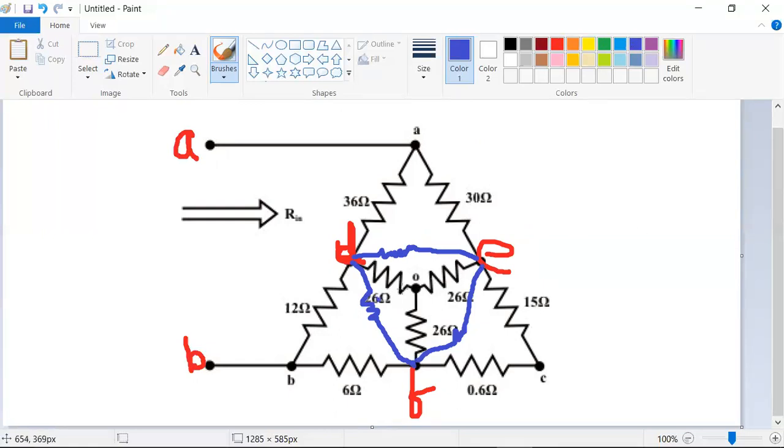This is 26, right? 26. All the resistors which are connected in the star are 26 ohm resistors. Now you need to convert that star to delta. What is the formula for star to delta? For the conversion star to delta, if this is RA, then for converting this two, you need to do.